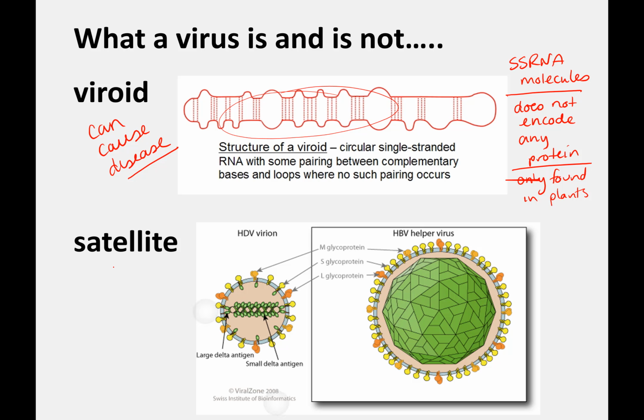Satellite viruses can have an RNA or a DNA genome, okay, so it has genetic information that encodes for proteins.